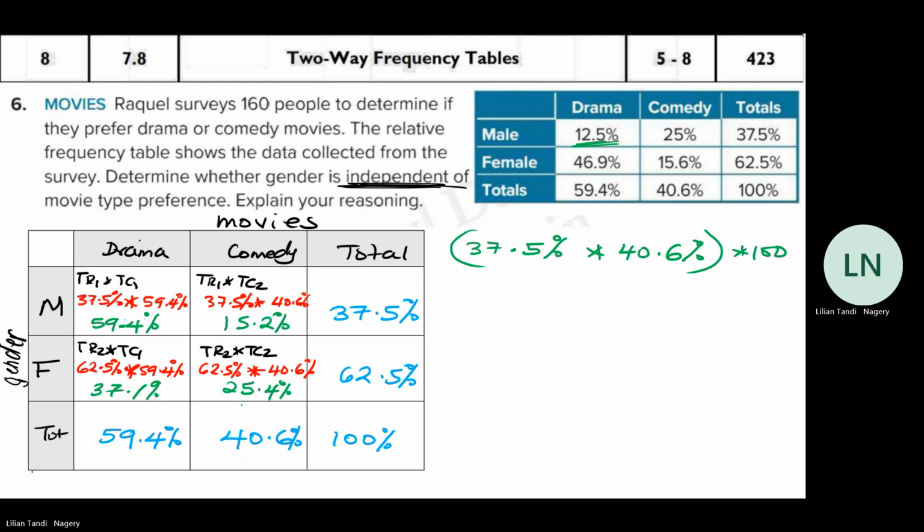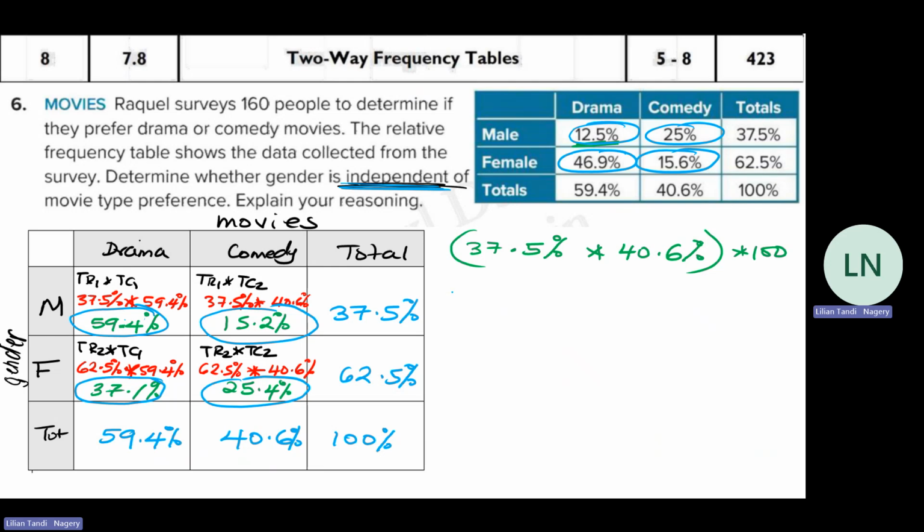Now, when you are explaining about independence, you have to look at these numbers that I have circled here in blue and these numbers that you have done here in green. If they are not the same, then they are not independent. Okay?